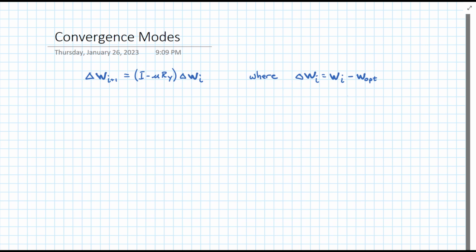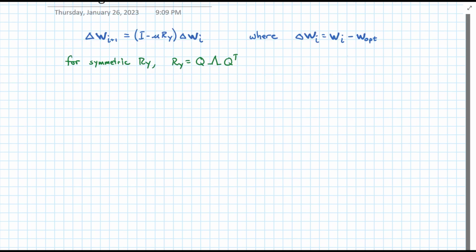Well, it's hard perhaps to have intuition as to how that's going to proceed. Obviously we have an engine to apply the math, but we would like to really know what's going on. So in order to get a little more insight, we're going to take advantage of the fact that Ry is symmetric and it's square, and so we can use the spectral matrix factorization that we introduced earlier in the course.